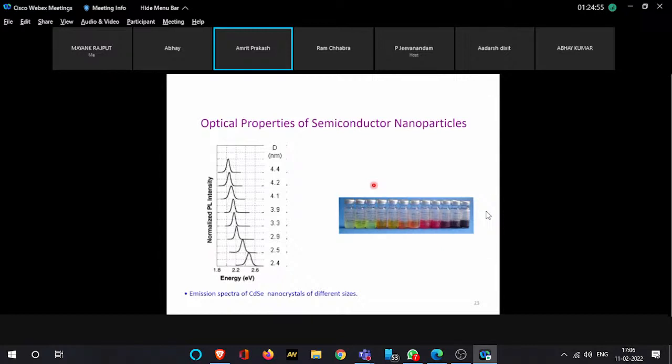Like, we need a band gap for color. Not necessarily, that is what I'm telling. In a semiconductor, you have a band gap, but that is why I asked this question for gold. Gold doesn't have a band gap, but the gold colloid shows intense color. How do you explain this? That is what I was asking.